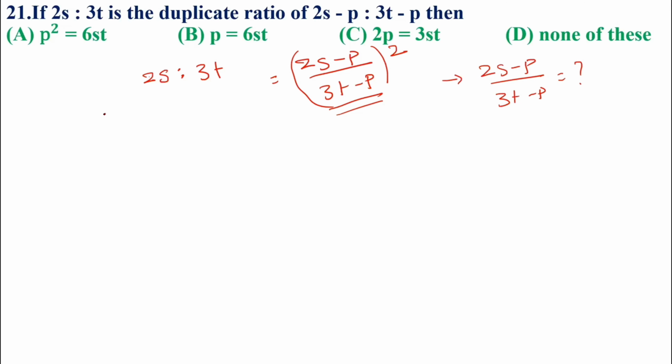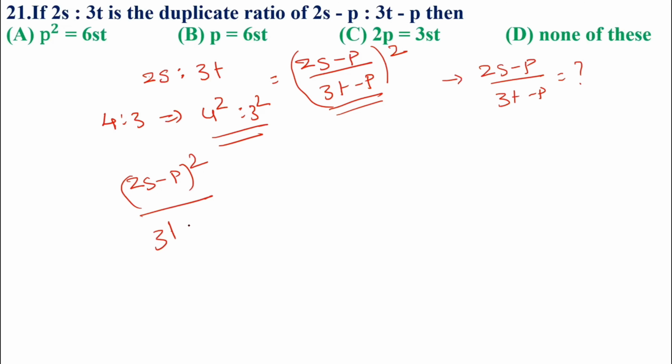The duplicate ratio of 4:3 means what we have written? 4 square is to 3 square. So what they have given? The duplicate ratio of 2s minus p by 3t minus p: so 2s minus p whole square by 3t minus p whole square is equal to 2s by 3t. So calculate this one. Just cross multiply.